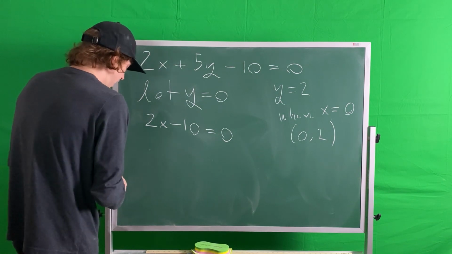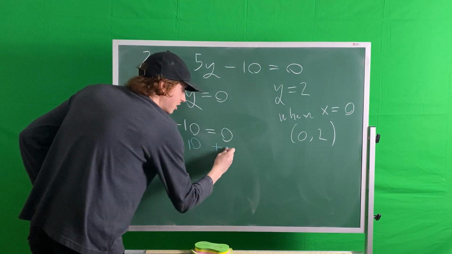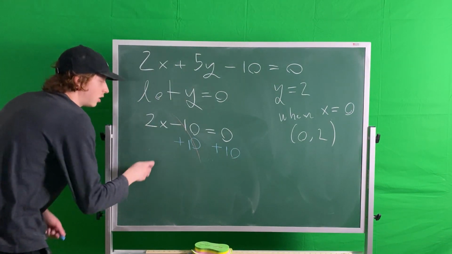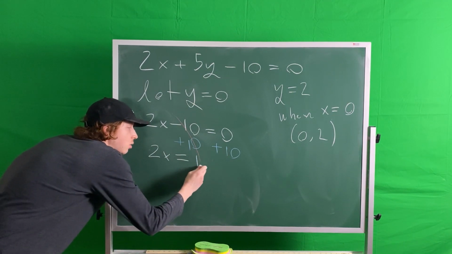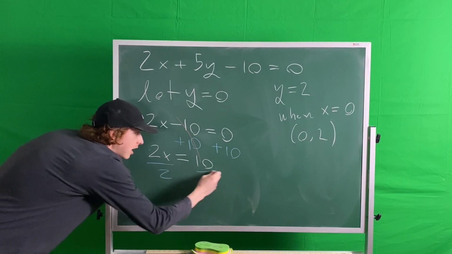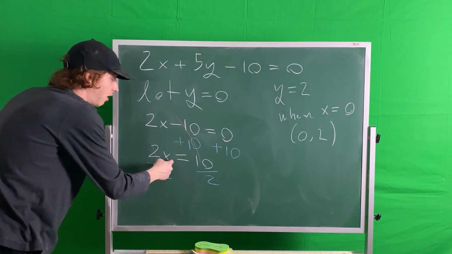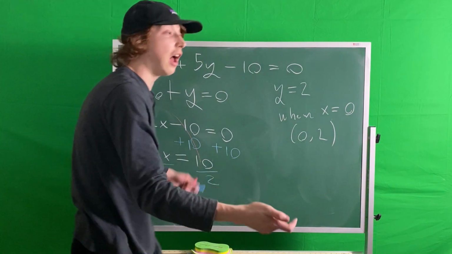We will add 10 on both sides, so those cancel out. To isolate that x, we have now 2x is equal to 10. Then we'll divide by 2 on both sides. Those 2's now cancel out, and we now have x is equal to 10 over 2. 10 divided by 2 is 5.